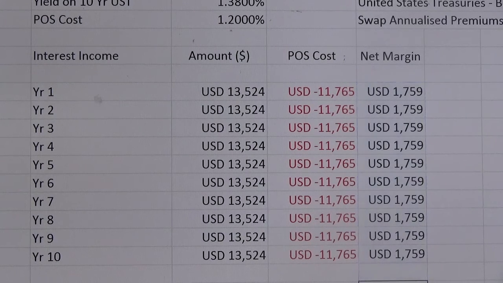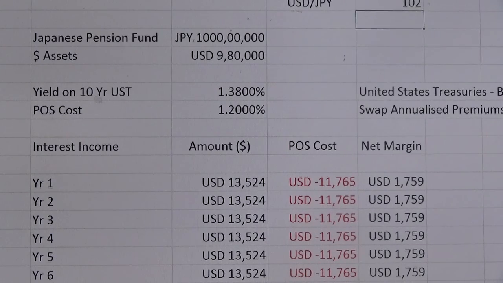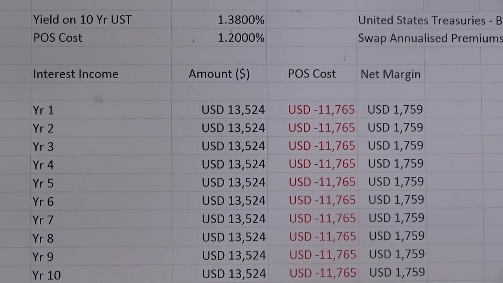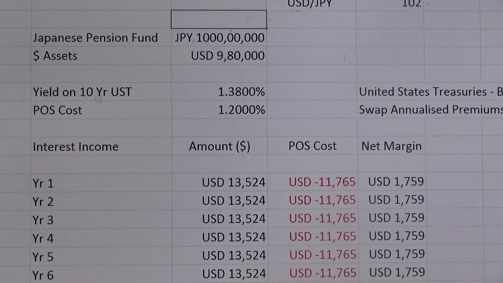So the biggest question here is, what is the benefit of that? The benefit is that after 10 years, once this swap closes, this Japanese fund will go to the bank, which is JP Morgan, and he will get the same JPY. What does that mean? You initially converted at 102 and you will reconvert this at 102.